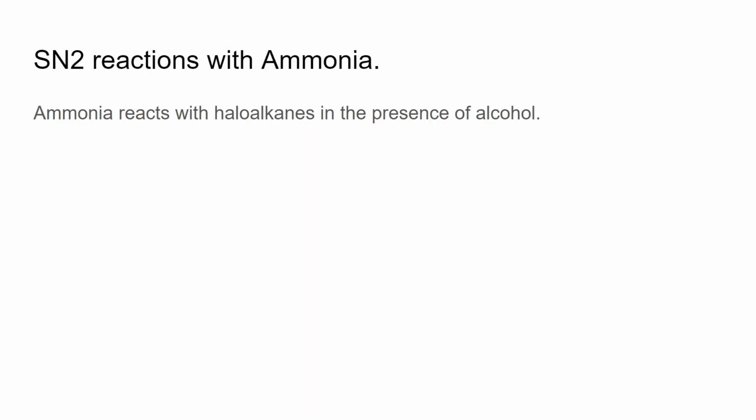Okay, that's going to be it here for our Sn2 reactions with haloalkanes. Some things that I want you guys to remember is make sure that you know for sure the process by which an Sn2 reaction happens.